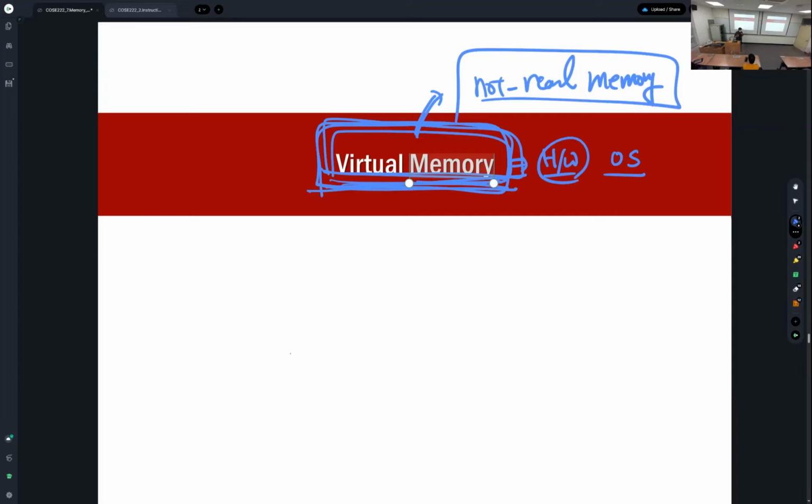The main purpose of virtual memory is that we want to use the small and fast DRAM space like a cache. Then to the software, we provide the large virtual memory space, so software engineers can write the code without considering the limited size of main memory. Okay, that is the virtual memory concept.